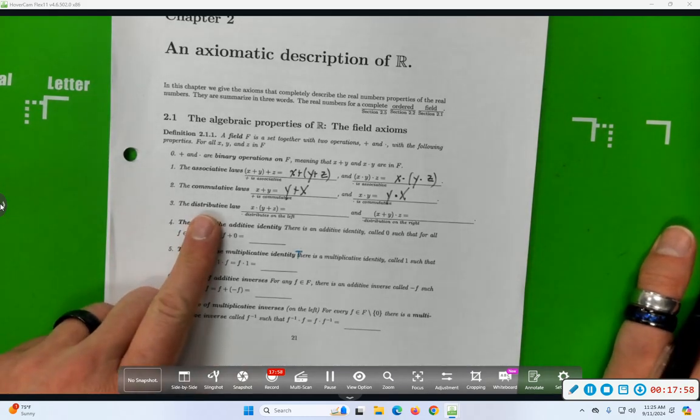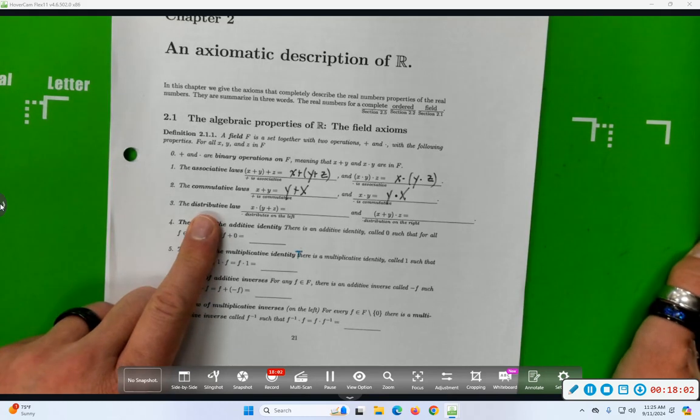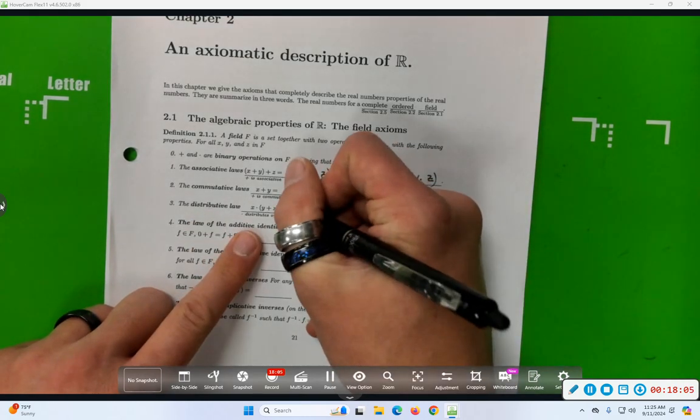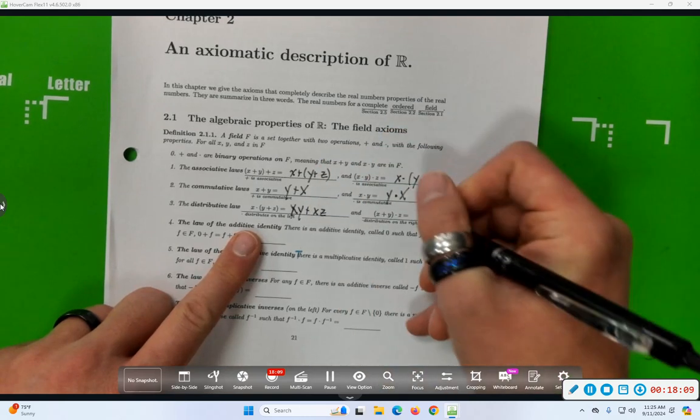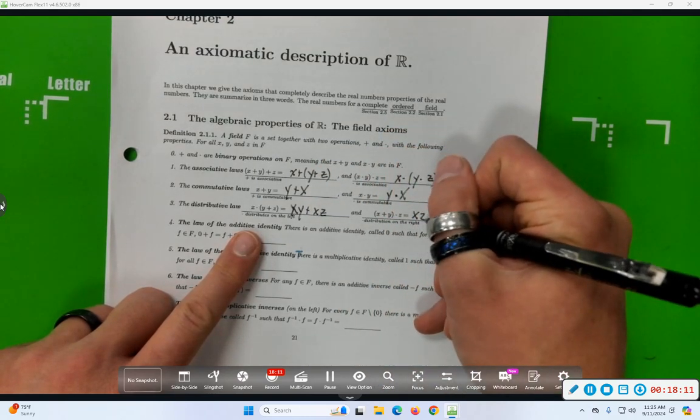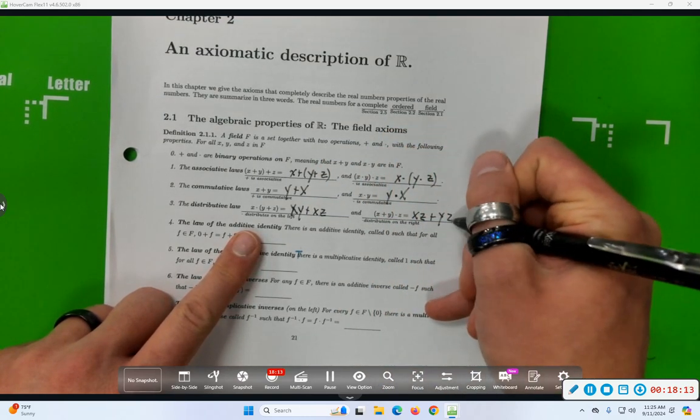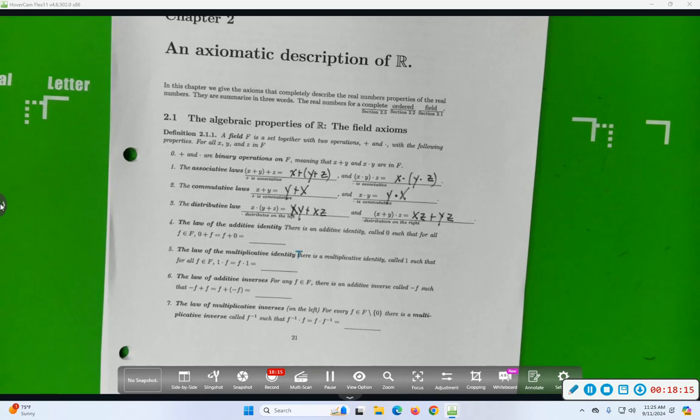Multiplication distributes over addition. Well, you know what that means too, right? And you can do it regardless of whether you're multiplying on the left or the right. There is an axiom of the additive identity.